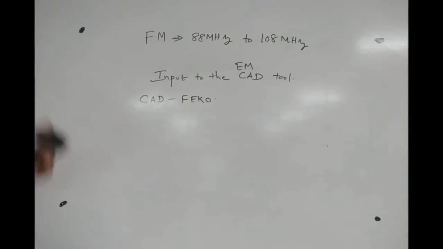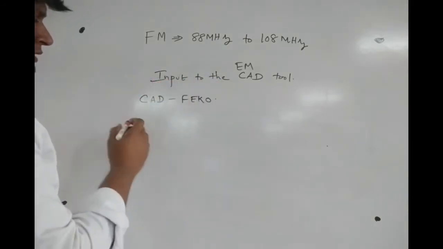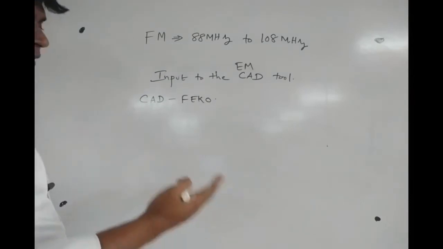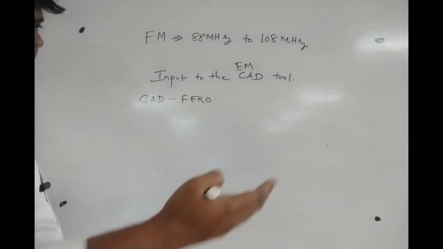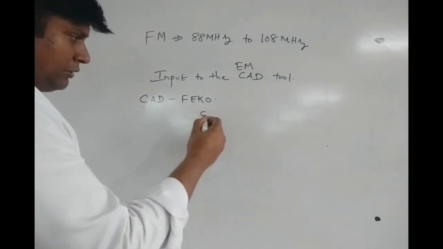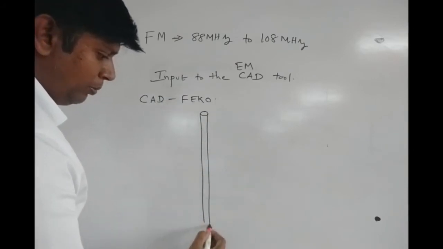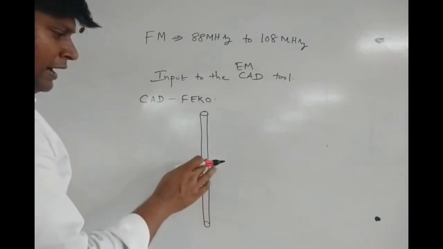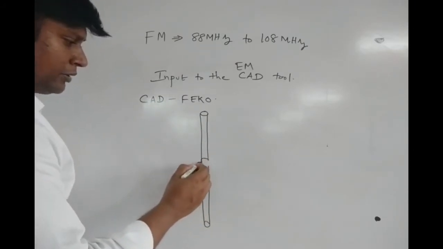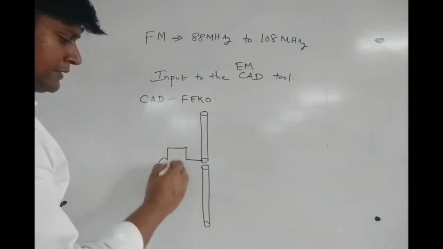And the input you need to give as far as this tool is concerned is the dimensions. With the design dimensions, you need to create a CAD structure. You need to take a metal conductor as a wire, and you need to center excite the metal conductor with the signal.